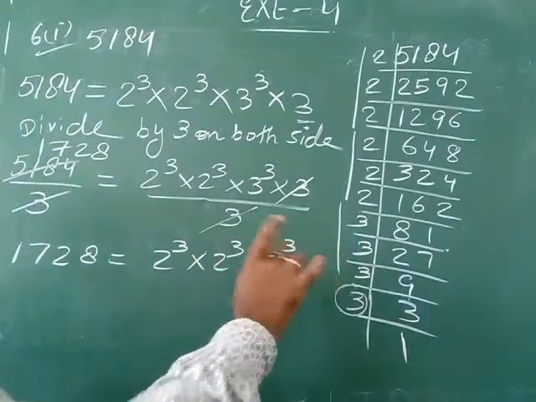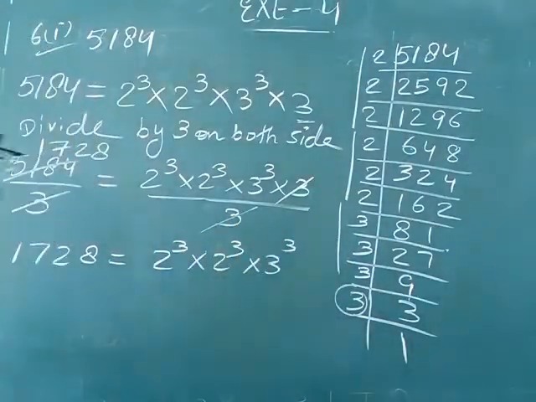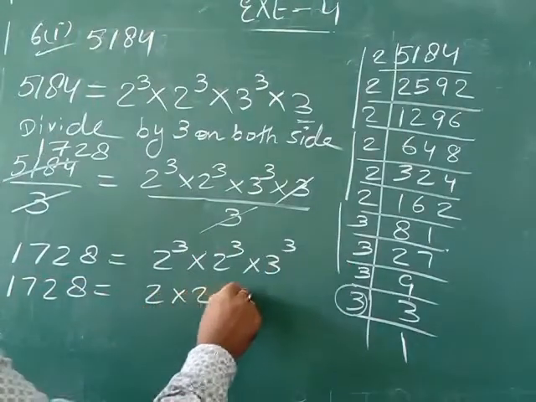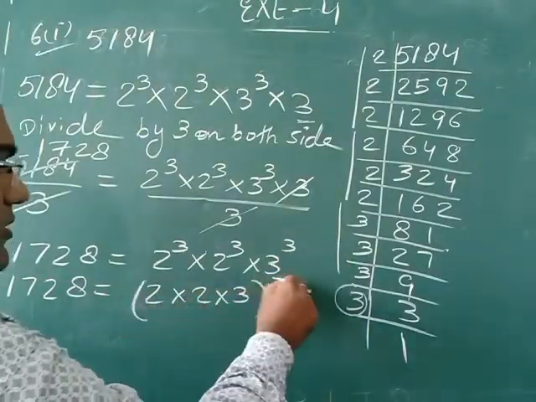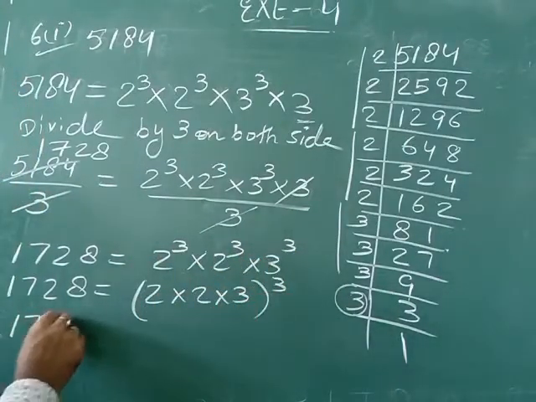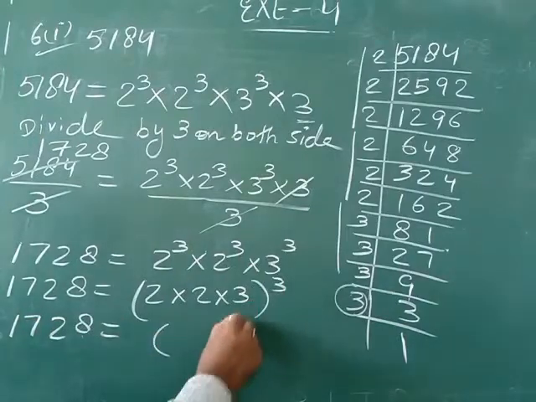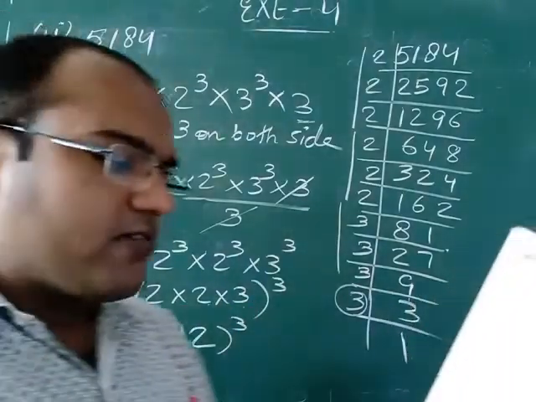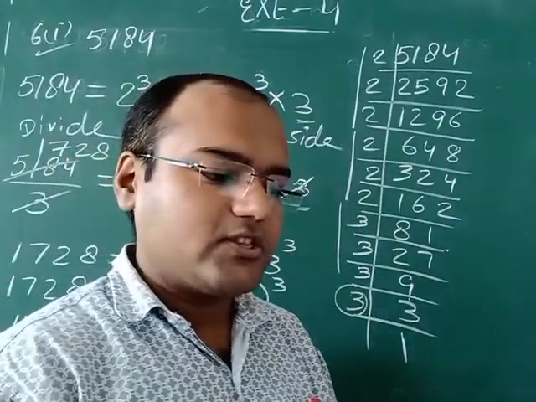So here all the numbers are having power 3. So 1728 is equal to 2 into 2 into 3 whole power 3. These 3 we have to write as whole power. So 1728 is the cube of 12. So in question he asked, find the least number by which this should be divided.